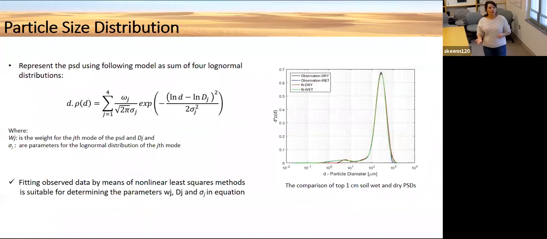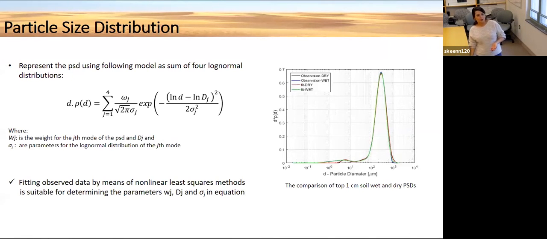The way that we are presenting particle size distribution in our model is using a sum of four log-normal distributions. So we are fitting the observed data by means of the nonlinear least squares method to find the fitting parameters that we can use in our model to present particle size distribution.